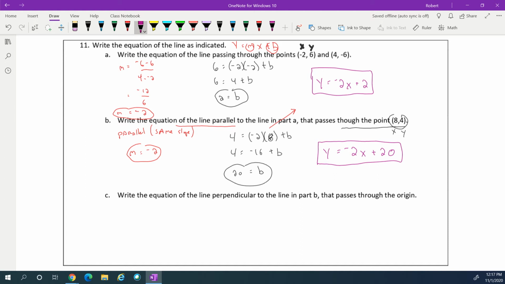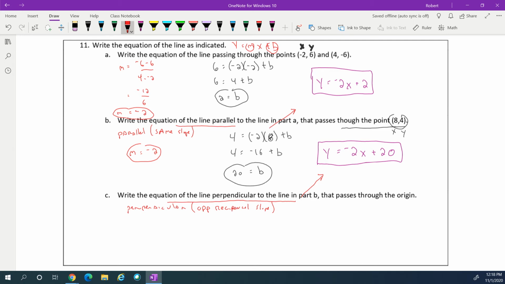And finally, in our third part here, we're going to write the equation of a line perpendicular to that line. Well, perpendicular means opposite reciprocal. So perpendicular for us, that means we're going to use the opposite reciprocal slope.